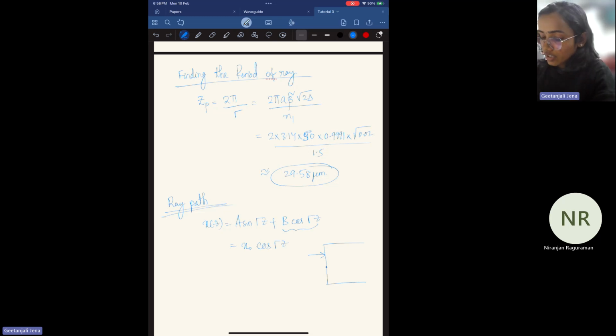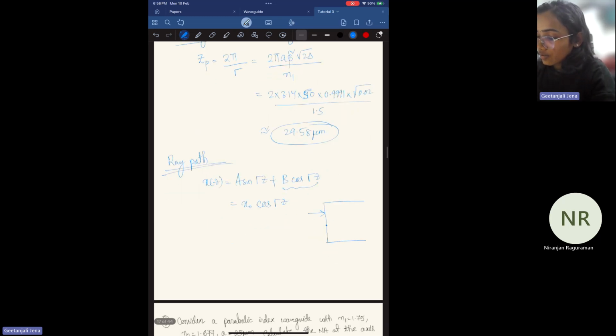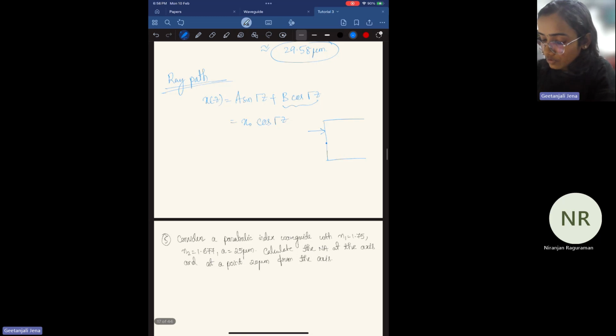So it behaves like a cosine function. That means the ray path will be like this, with amplitude 15 micrometers.